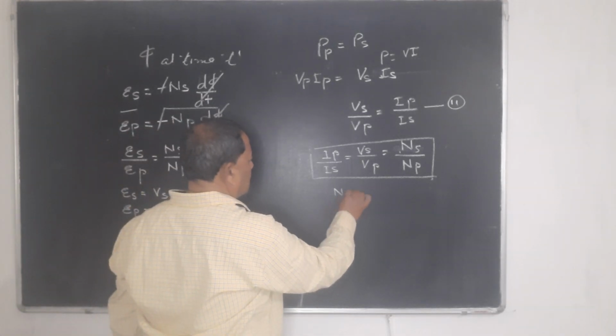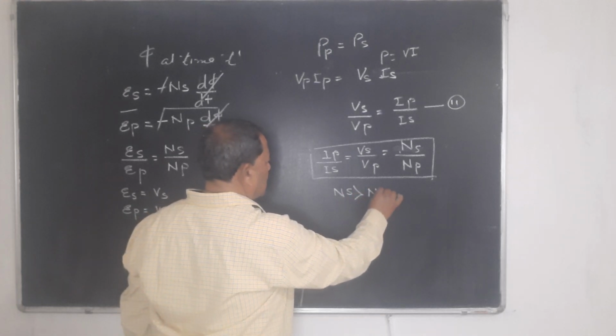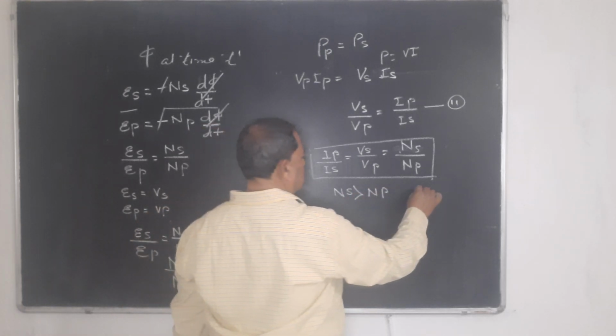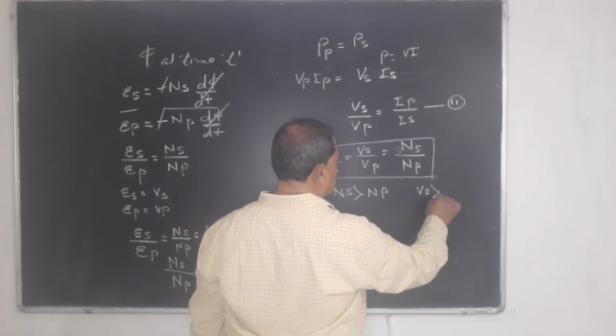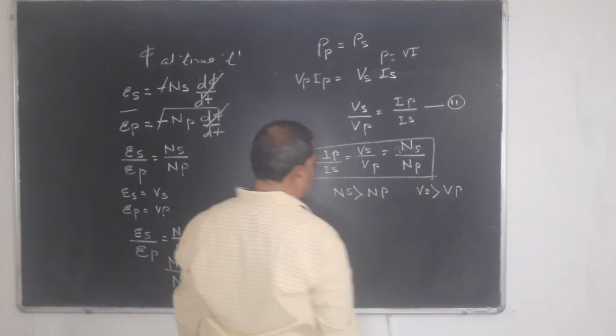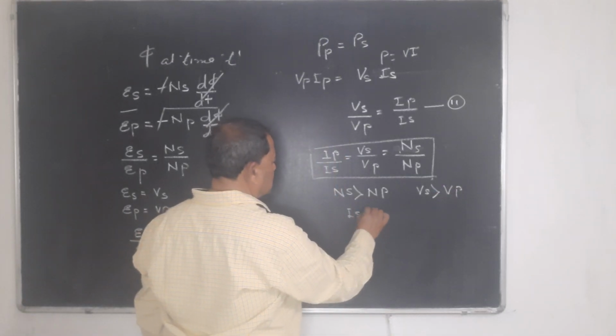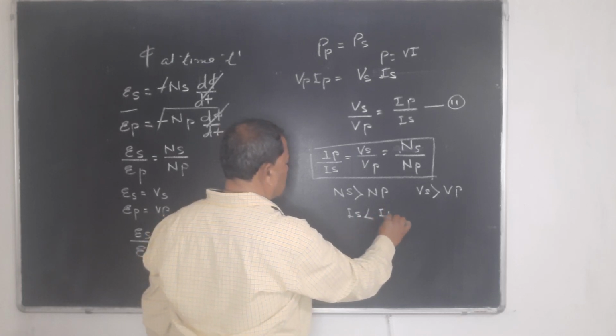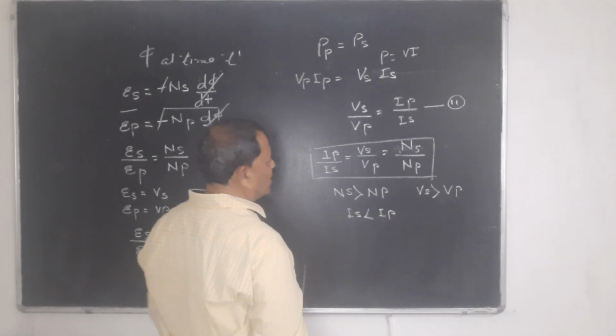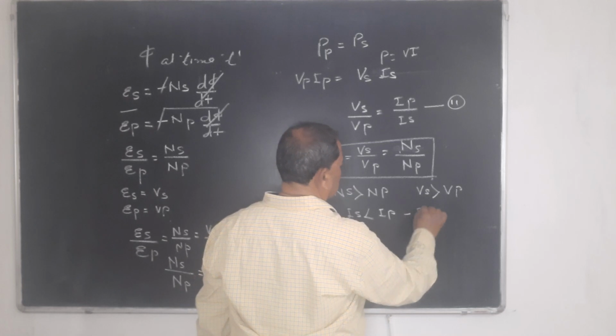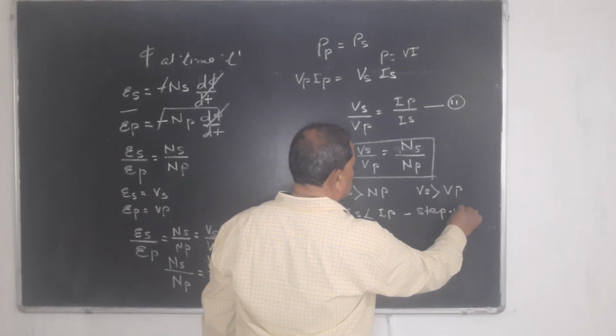When Ns is greater than Np, then Vs is greater than Vp. In that case, Is is less than Ip. This type of arrangement is called step-up transformer.